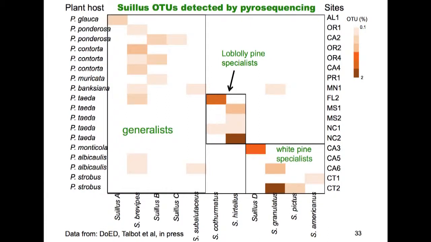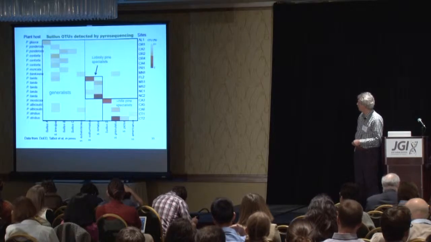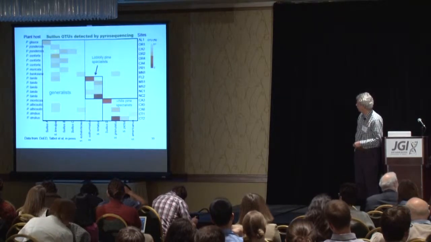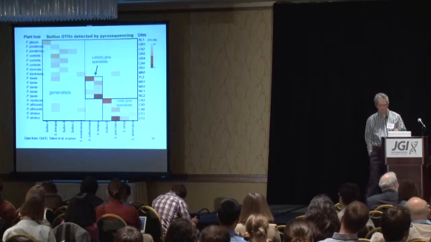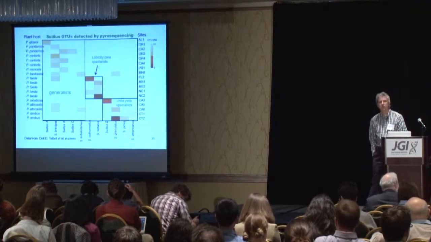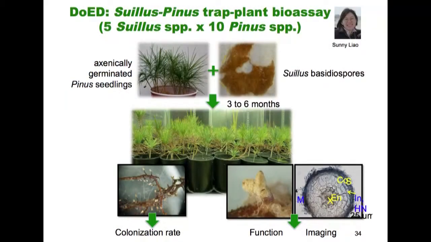And when we cluster them, we can see that in fact the white pine specialists specialize with white pine. There's a group of species that specialize on loblolly pine. And then there's other fungi here, other Suillus species that appear to be generalists. So we have a range of host specificity for the fungi on different pines.